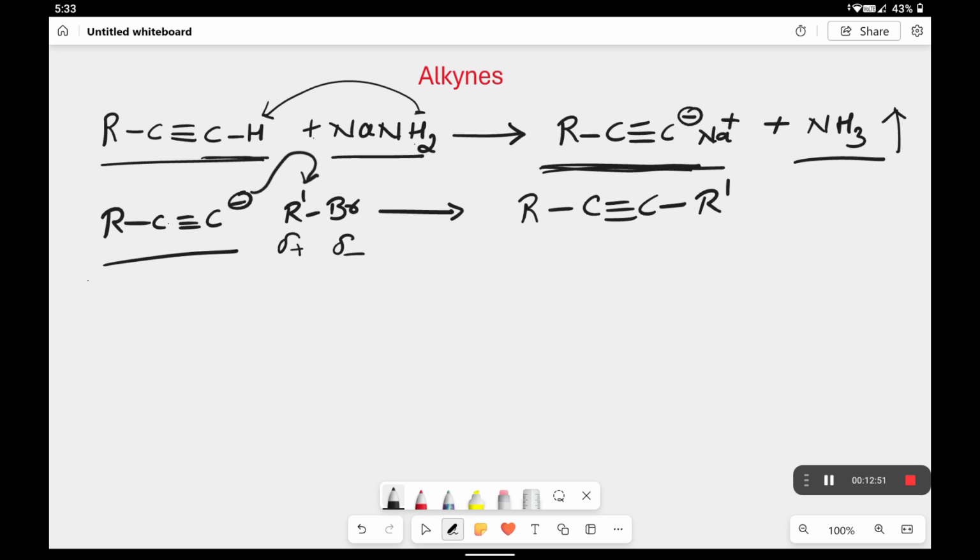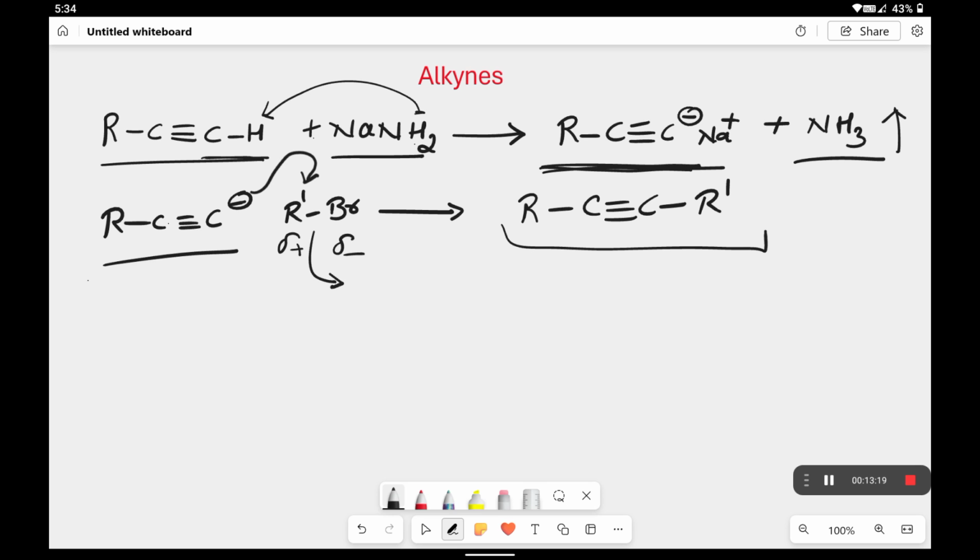When it attaches, the bromine is eliminated as bromide ion, which leads to the formation of one more carbon-carbon bond. So by using terminal alkynes, it is very easy to synthesize compounds, and carbon chain elongation is possible by this method.